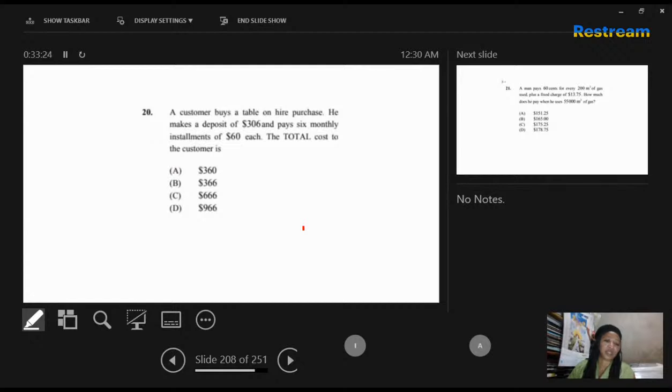Number 20. A customer buys a table on hire purchase. He makes a deposit of $306 and pays 6 monthly installments of $60 each.